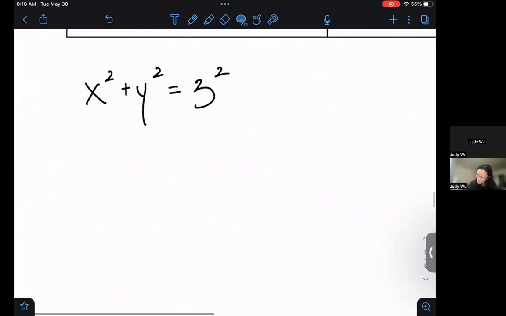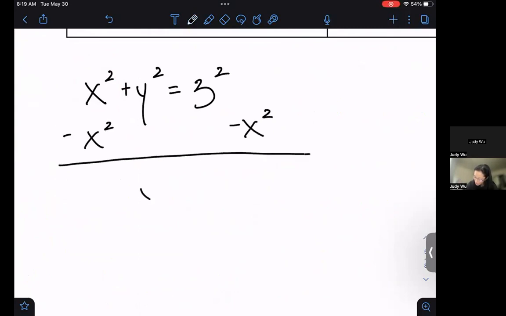If we were to isolate y here, the first thing we could do is subtract x squared from both sides. I'm going to subtract x squared, and I'm going to get y squared equals 3 squared minus x squared.